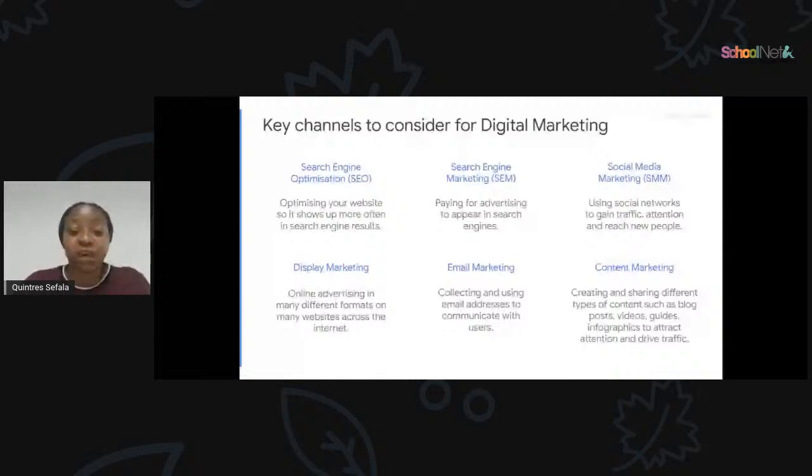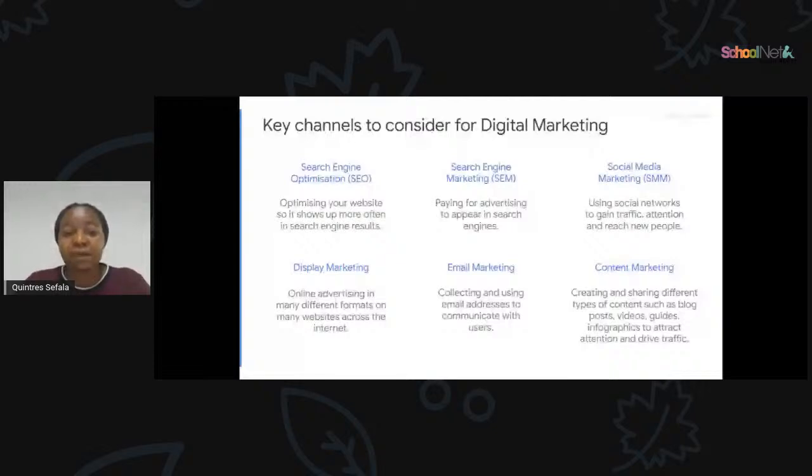And then we have display marketing, right? So display marketing is basically ads advertised across other websites on the internet. So that is display marketing.